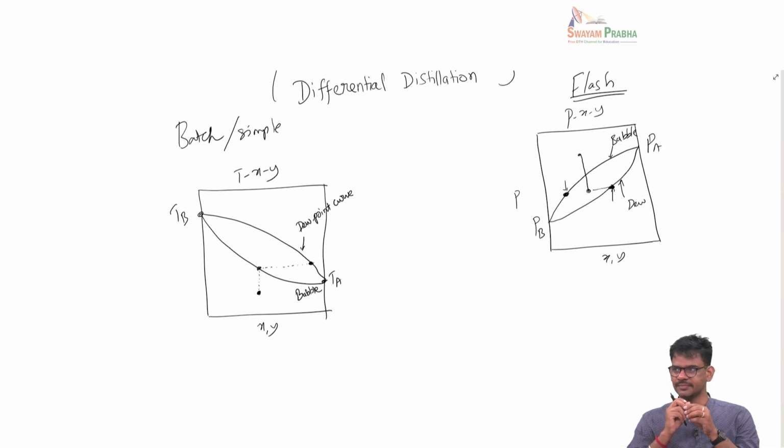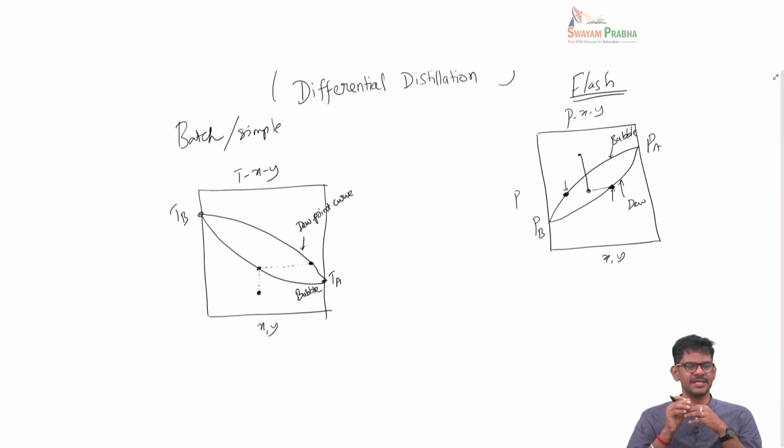Would it be the same? It would be the same if the vapor also had the same composition as the liquid. If the liquid and the vapor both have the same composition, which corresponds to an azeotropic mixture, then when I take a small amount of vapor out of the system, the liquid will still have the same composition. But we know that these are not azeotropic mixtures. Here we are talking about a mixture A plus B, where A is more volatile, meaning whenever I create a small amount of vapor, the vapor would be richer in A compared to the liquid.